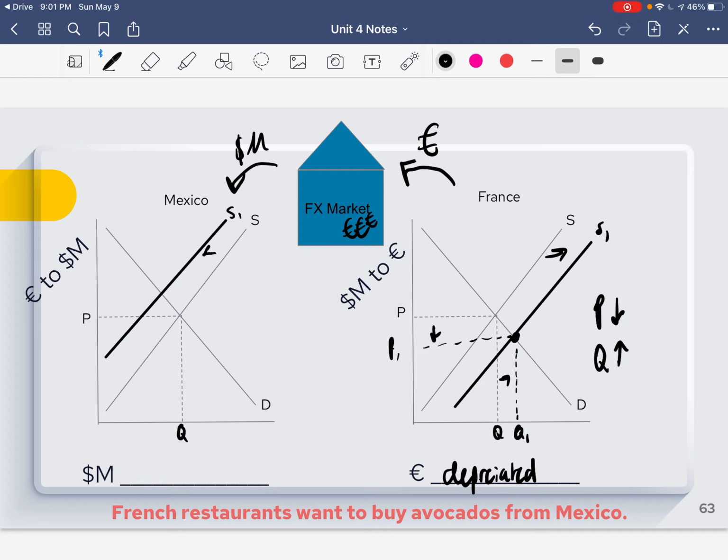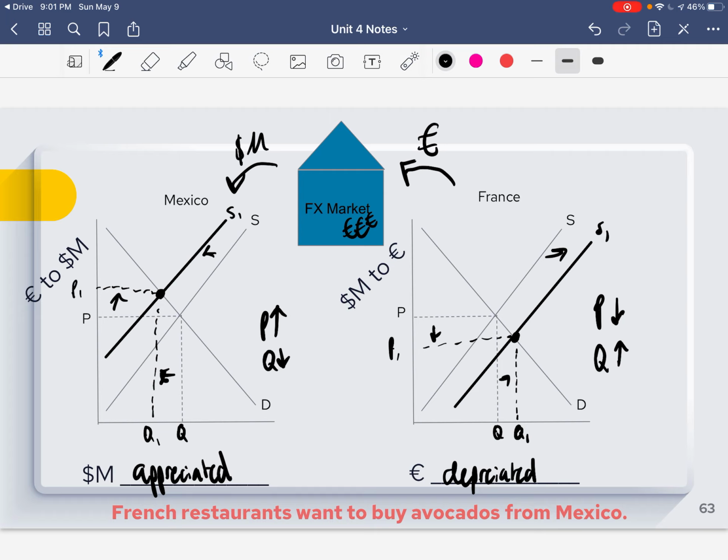Okay, so if we decrease supply, we shift it to the left. We find our new equilibriums, quantity 1, price 1, and what happened? Looks like price went up and quantity went down, because there's less Mexican pesos available in this foreign exchange bank. So if price went up, that means the Mexican peso appreciated in value.